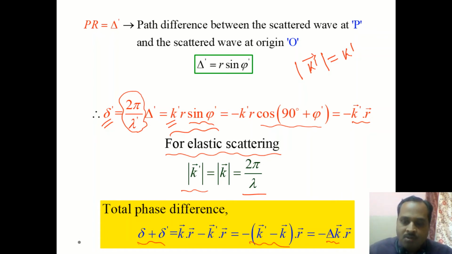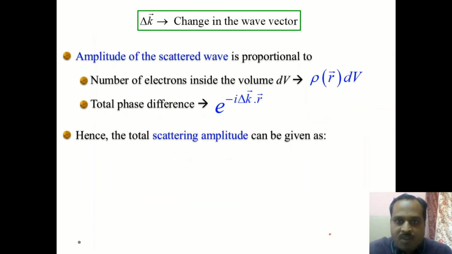Now let us try to obtain the scattering amplitude. The scattering amplitude is proportional to the number of electrons inside the volume dV, because the more electrons there are, the more the scattering, and the scattering amplitude will increase. And if rho r is the electron density, then the number of electrons inside the volume dV will be rho r dV.